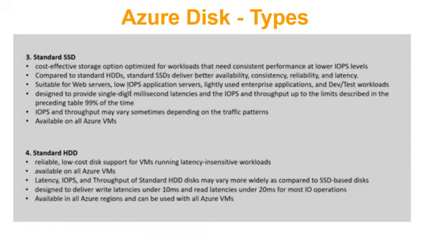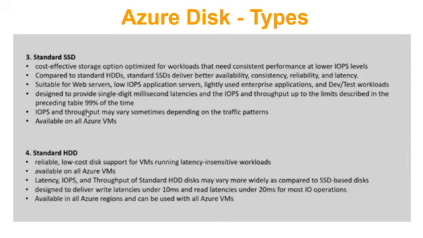It is designed to provide single digit millisecond latency, and similar to premium SSD, it also provides single digit millisecond latency. And there we had 99.9 percentage of the time, but here we have only 99% of the time. However, it is not going to vary that much. It will provide single digit millisecond latency, and then IOPS and throughput may vary sometimes depending on the traffic patterns.